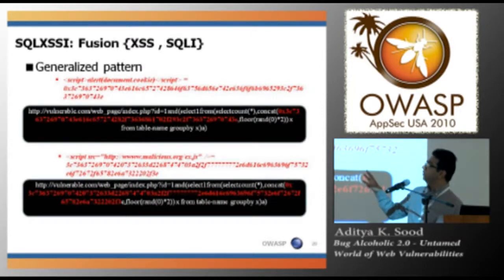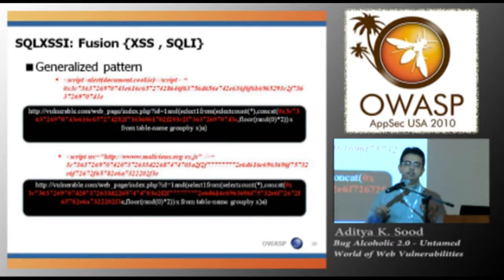We have a vulnerable web application and a parameter called ID. The basic thing is to inject 1 equal to 1 to bypass. The main concern is that we always have the impression that if we have a SQL injection, we should enumerate the database and get the username and password.